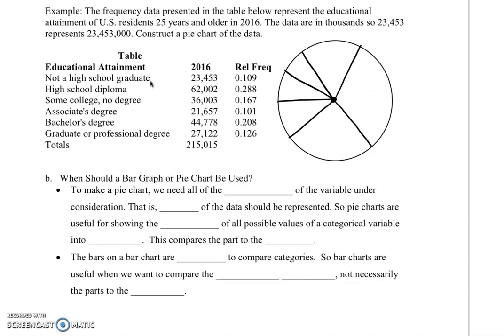So, for example, not a high school graduate is only about 11%. So that's about this size. So not high school grad. And then we label it with the percentage usually.